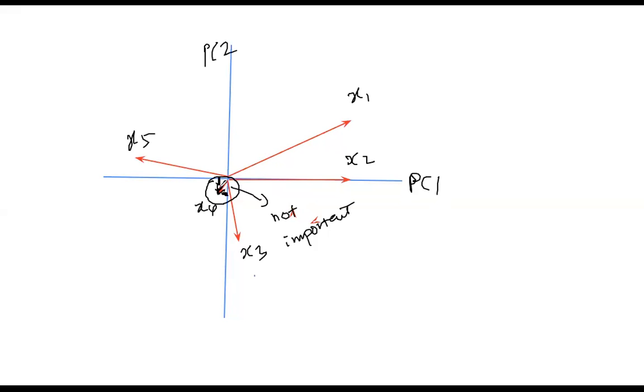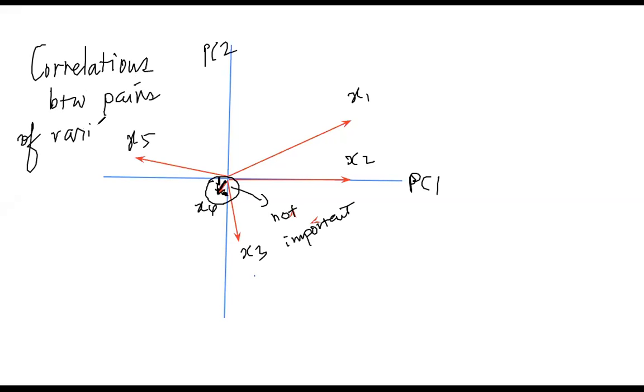Now, the other thing to look at is correlations between pairs of variables. This is your usual Pearson correlation, and of course this presupposes that your variables are numeric.